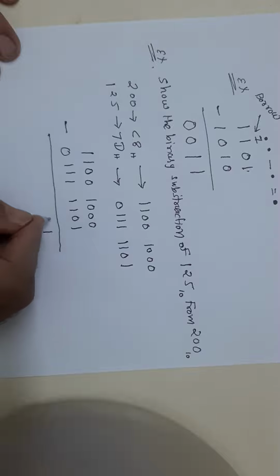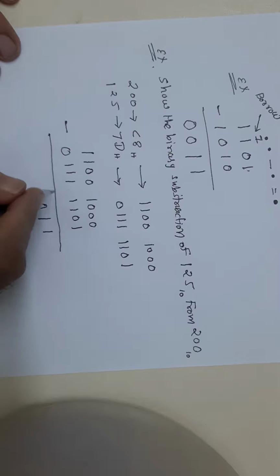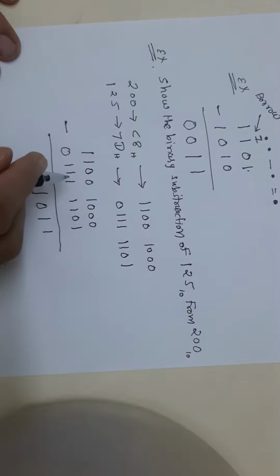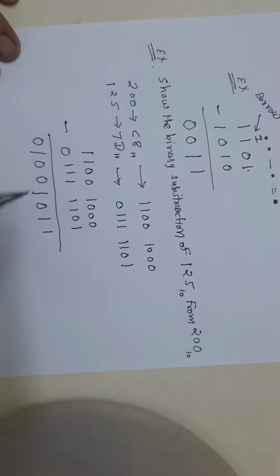This borrow is given here. Borrow, 1 minus 1 is 0, 1 minus 1 with a borrow, therefore 1. Then 0 minus 1, again there is a borrow, so 1 minus 1 is 0, 0 minus 1 is 0 due to the borrow, and this is your 1, and this is equal to 0.